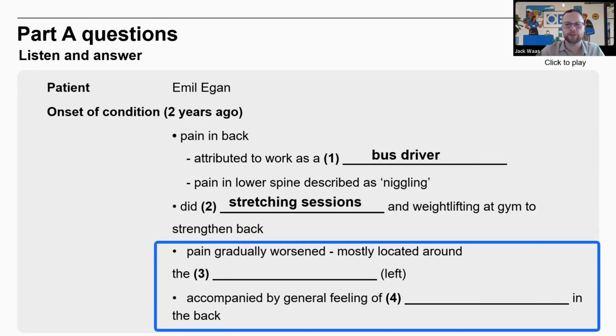All right, take a few seconds to write your answers for just number 3 and 4. What do we think here?